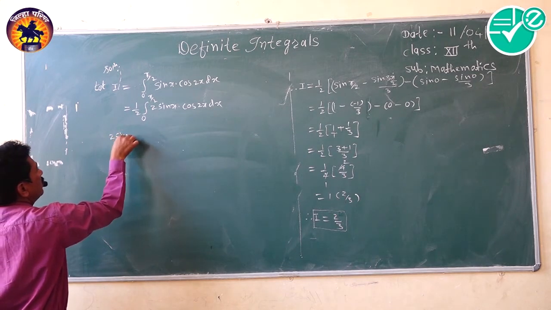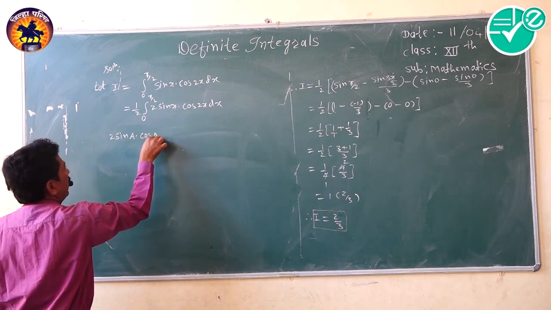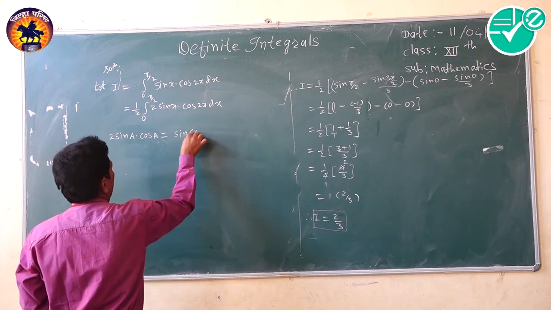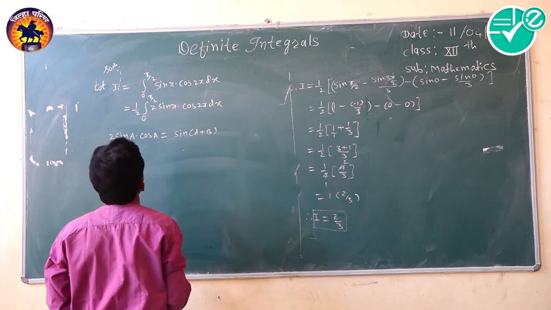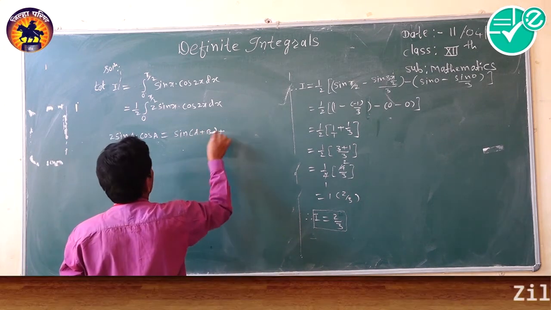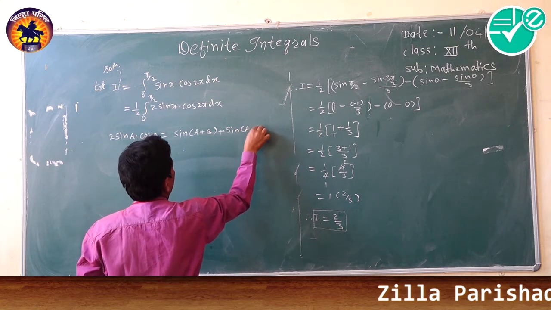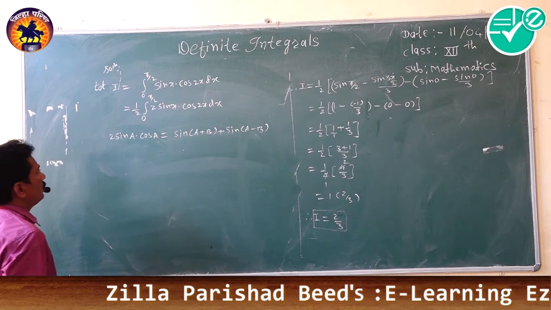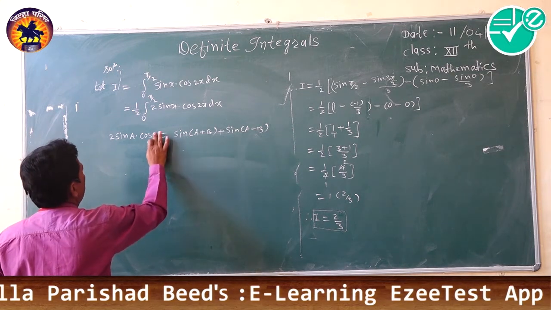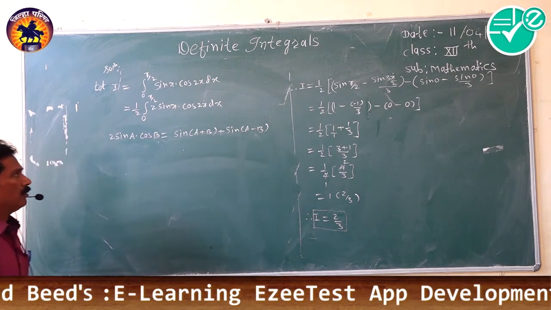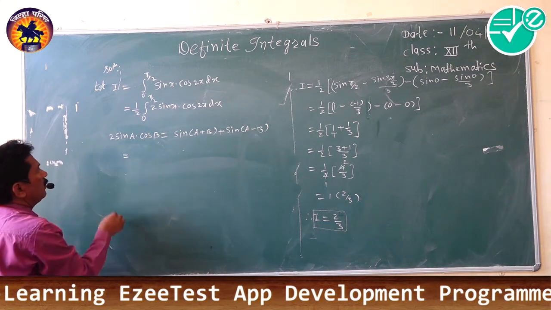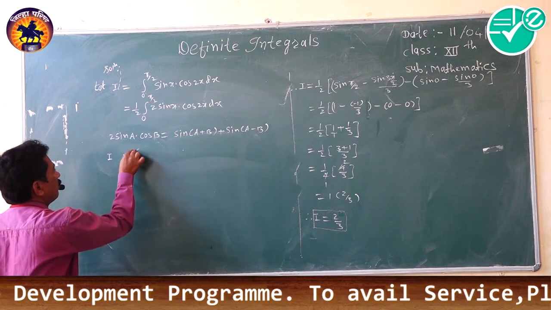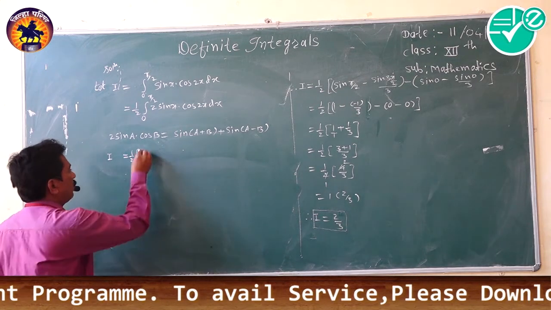We use this formula: 2 sin a cos b is equals to sin of a plus b plus sin of a minus b. Therefore I becomes 1 by 2 into integration 0 to pi by 2.